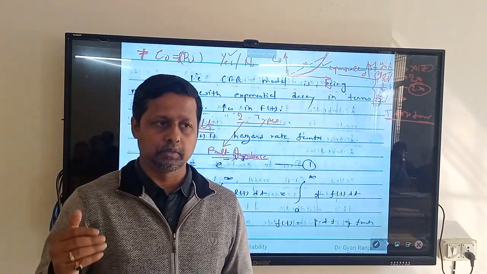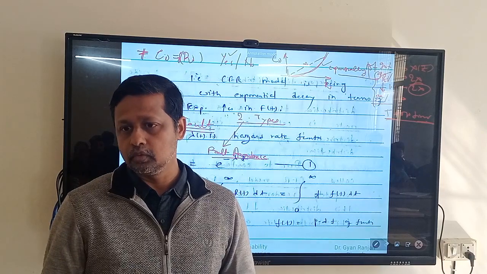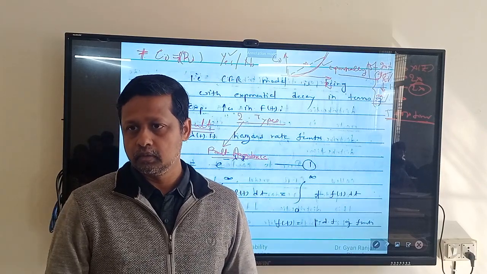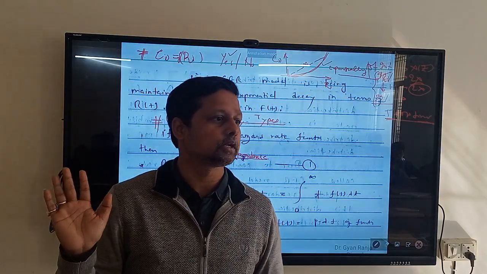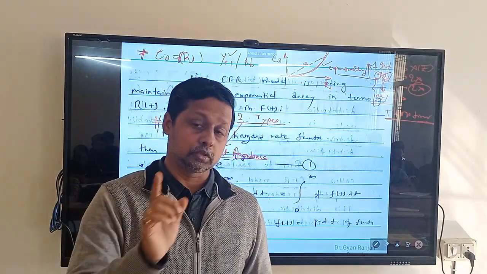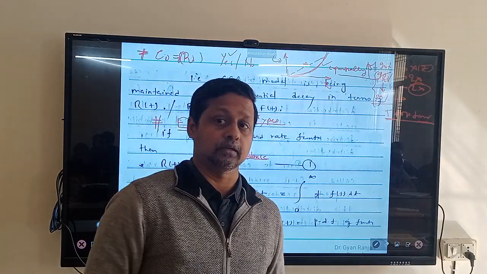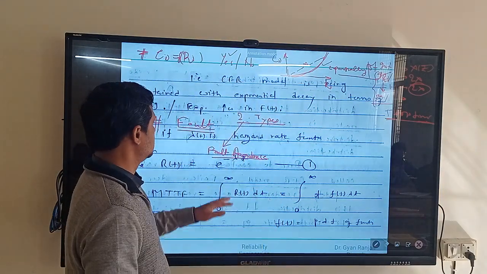Because you are the owner, you are the authority. You may follow, you may not follow, but that standard operating procedure is already built. So considering that, there are two possible types.